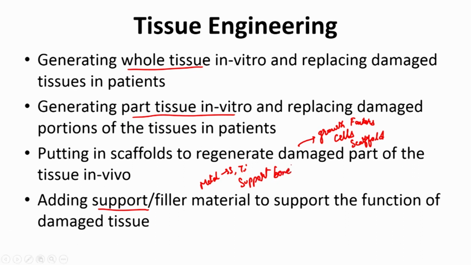This could be that my lenses are not working in my eyes, so I put in a contact lens that again is made out of polymers, or my teeth are having issues, and whatever teeth are having problems, I can replace them with some artificial teeth.